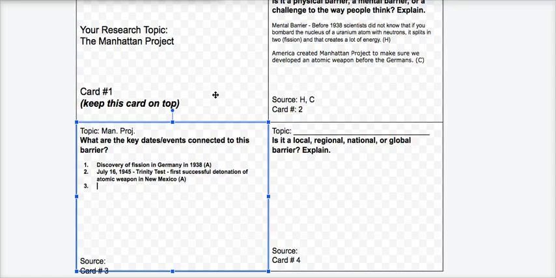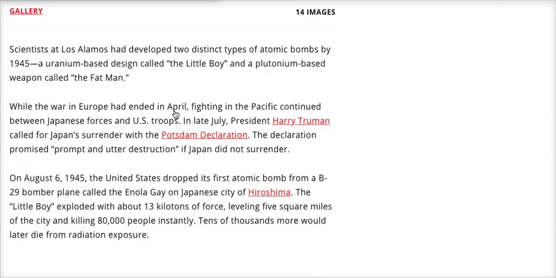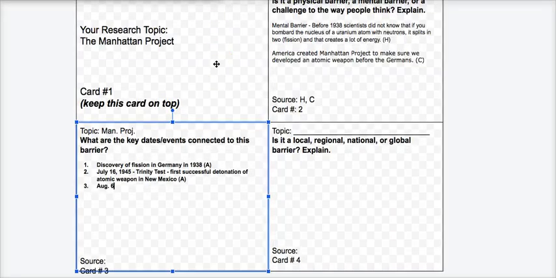And then last is August 6th, double checking, August 6th, 1945, which was the dropping of the first atomic weapon in World War II on Hiroshima, Japan, by the U.S. And this is also from source A. So in terms of the three most important events or dates connected to this topic, those are the three.